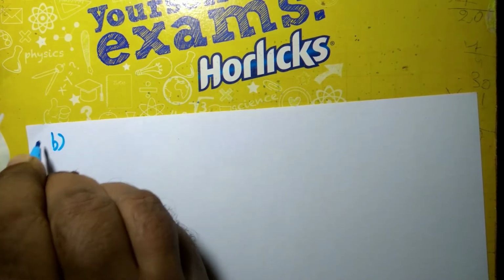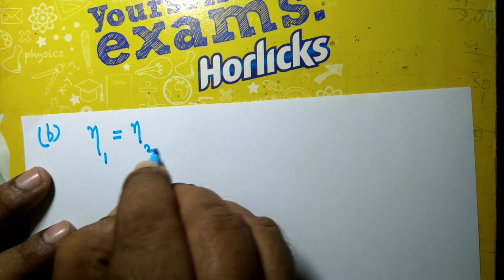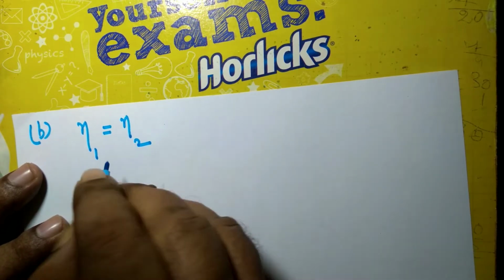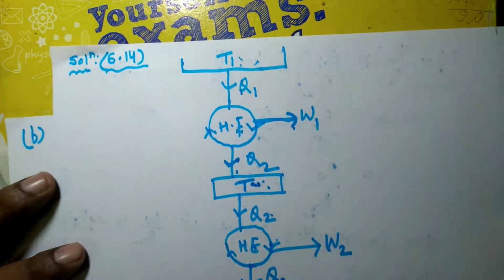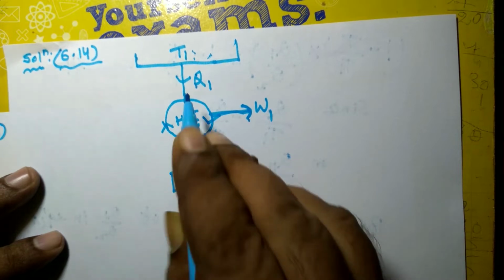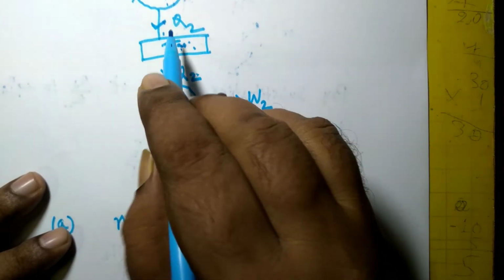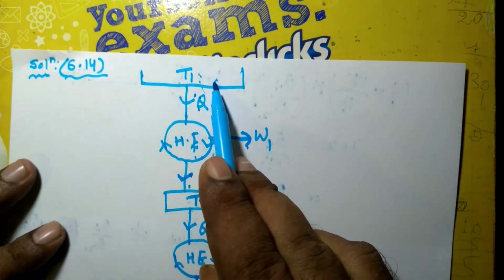So if the engines have the same cycle efficiencies, that means the efficiency of 1 is equal to the efficiency of 2. You see, the efficiency of 1 is 1 minus T upon T1, and the efficiency of 2 is 1 minus T2 upon T, because T is the sink temperature for the first engine and T1 is the source temperature for the first engine.